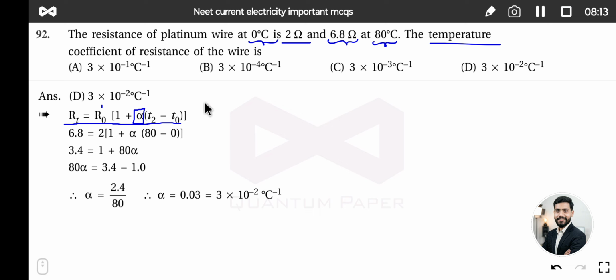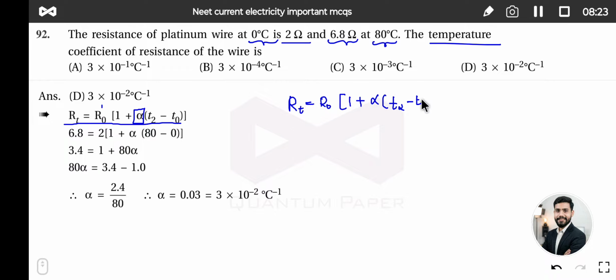Okay. So RT is equal to R naught bracket 1 plus alpha into T2 minus T1. So let's find out the temperature difference first. The starting temperature is 0 degree and the final temperature is 80 degree. So the difference is 80 minus 0, which is nothing but 80. So 80 into alpha plus 1.